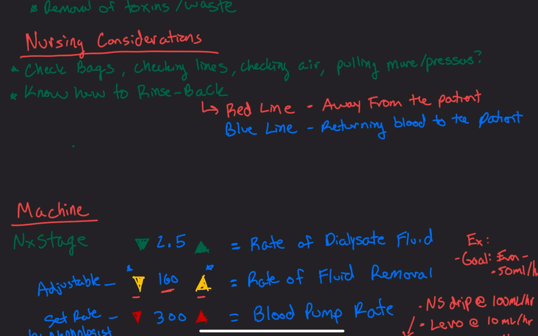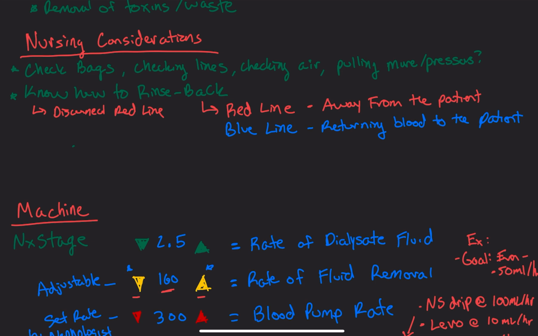So when you rinse back, you'll typically stop the machine. You're going to disconnect the red line from the patient's HD catheter, and connect this red line to the saline bag, the saline port.